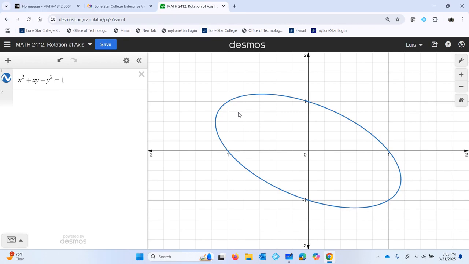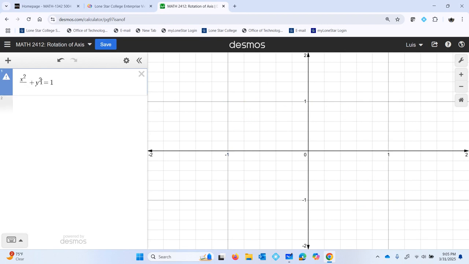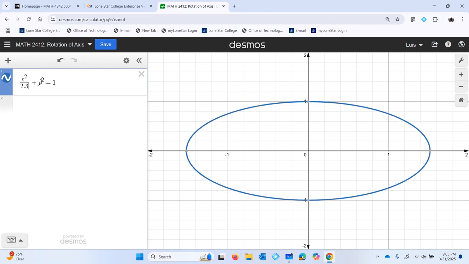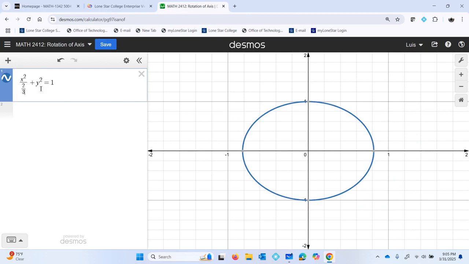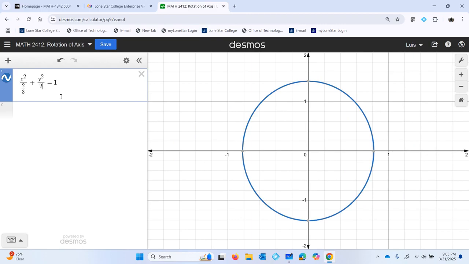And we could actually just plug in what we found, because we can say that this was divided by 2/3, and this was divided by 2. So here we have that that was the vertex, right? And this was the vertex as well. But notice that here is the co-vertex. So here is the co-vertex.